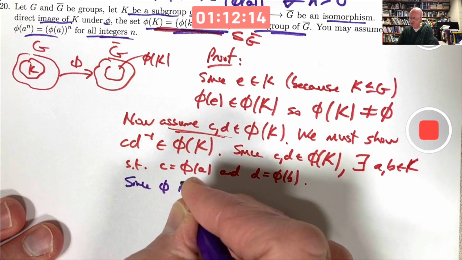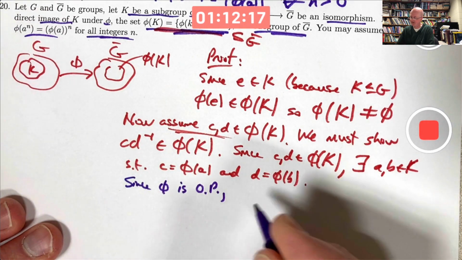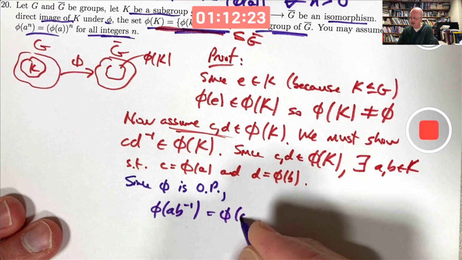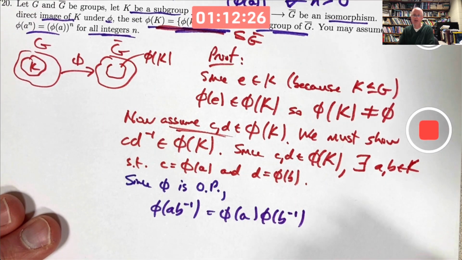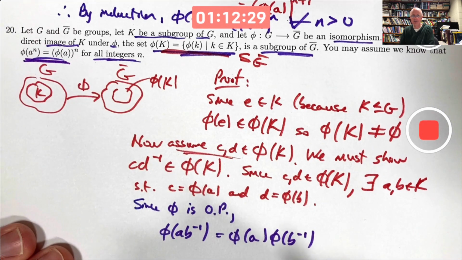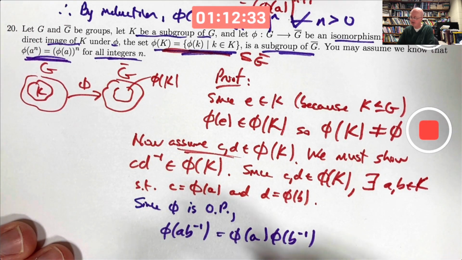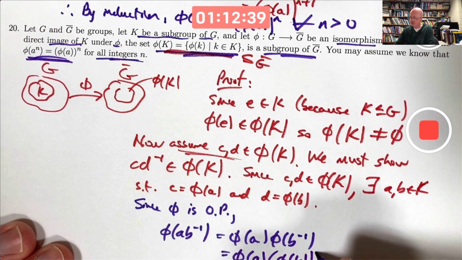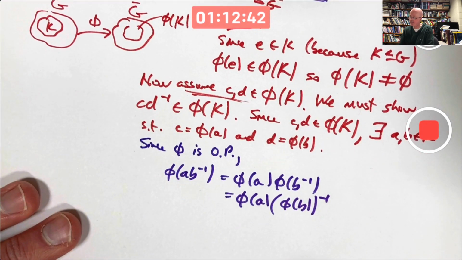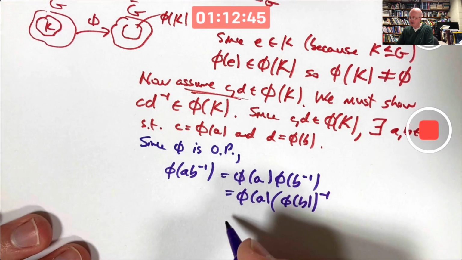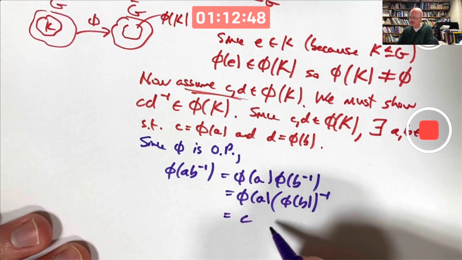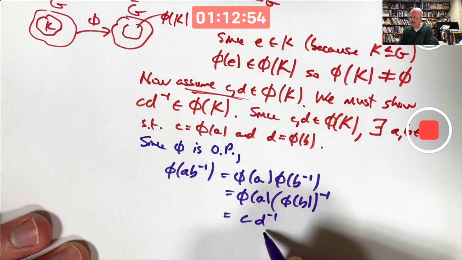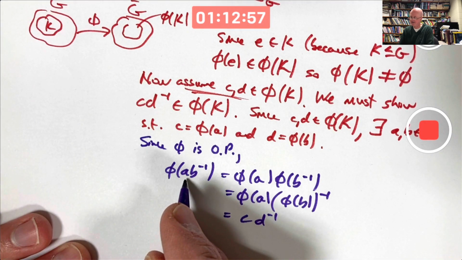Since phi is OP, being an isomorphism, phi of A B inverse is phi of A times phi of B inverse. That's the OP part. And because of this, which is true even when n is negative 1, phi of B inverse is the inverse of phi of B. Phi of A is C, phi of B is D. We have just verified that C D inverse is the image of something in K. It is in the direct image.